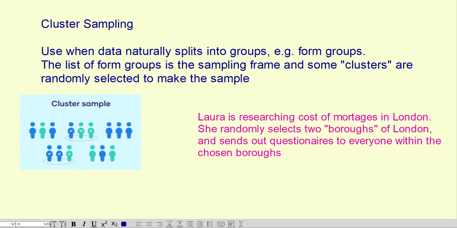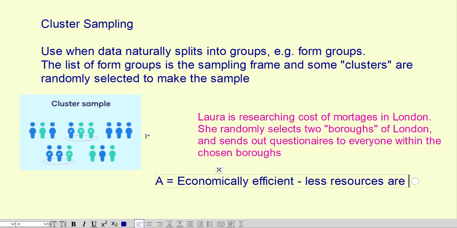So Laura is researching the cost of mortgages in London. She randomly selects 2 boroughs of London and sends out questionnaires to everyone within those chosen boroughs, okay? Advantage then. So it's economically efficient to carry out anything that way. Less resources are required. It's going to take a lot less effort to carry it out.